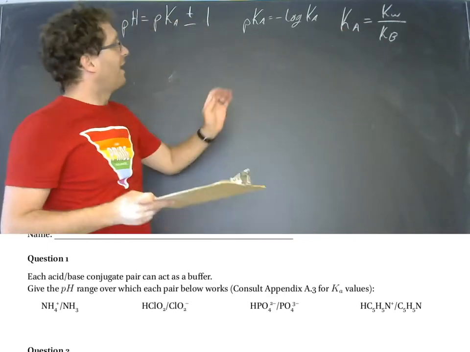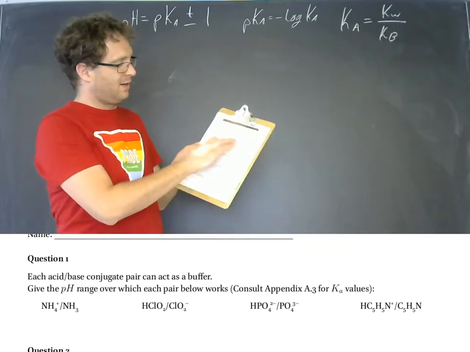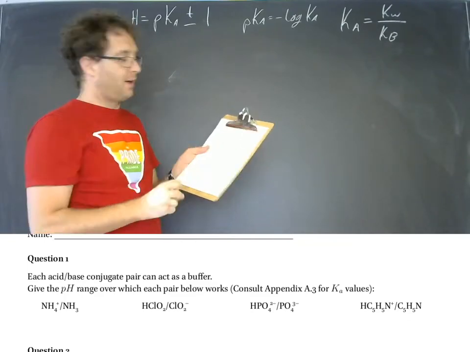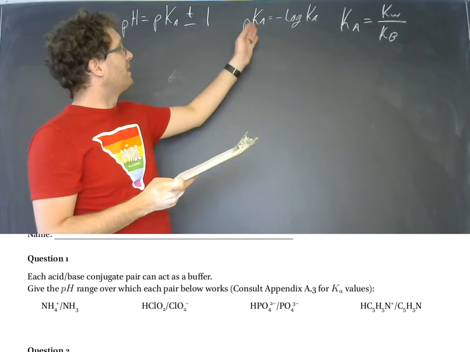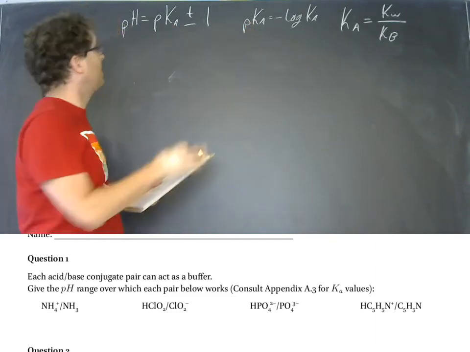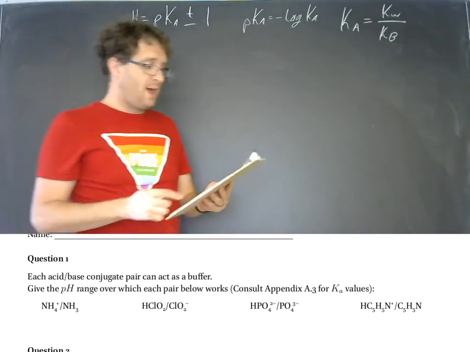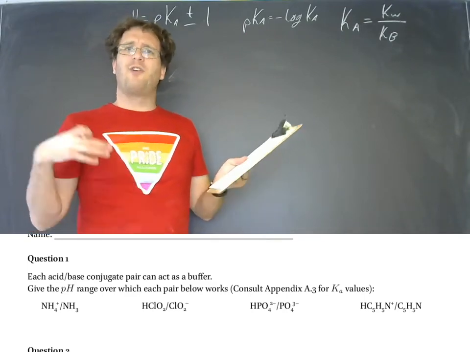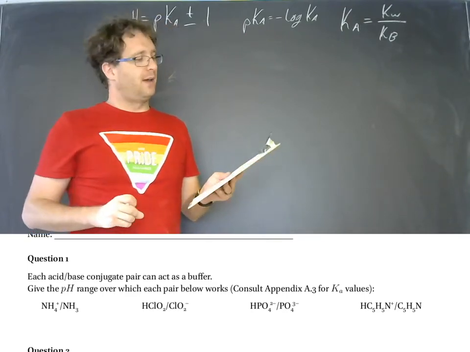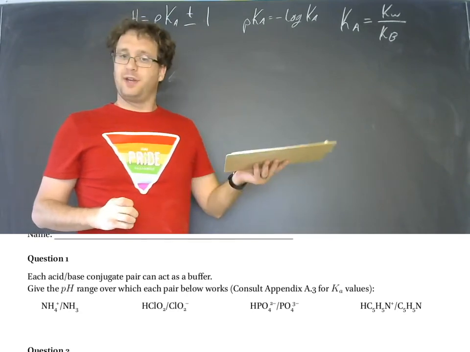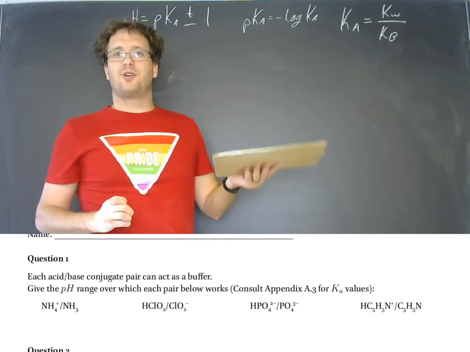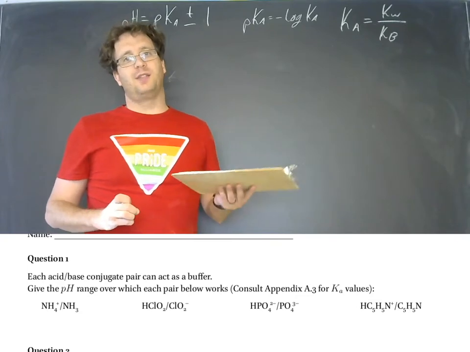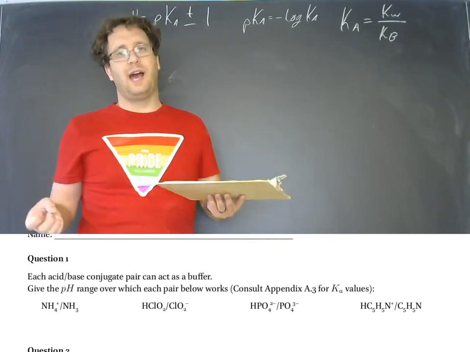We still need the Ka value for their conjugate acids, and so Kw divided by Kb gives the Ka. And then once you have those Kas together with the Kas for our others here, then you can find the pKa, and then the pKa will just be plus or minus 1. For this hydrogen phosphate, look up phosphoric acid in appendix A3, and this is the third proton lost in that triprotic phosphoric acid series.